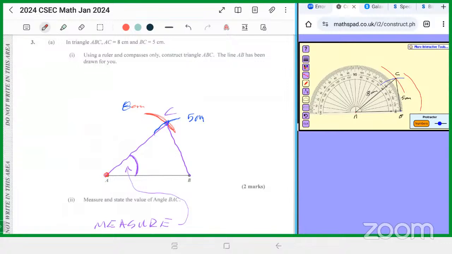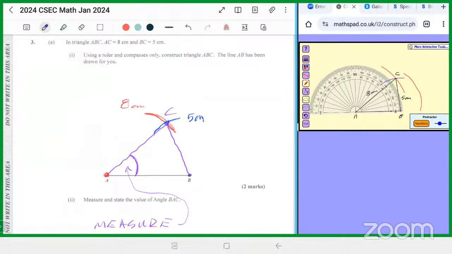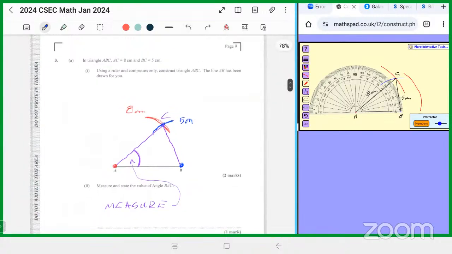That arc is from here, 8 centimeters. Also change this number to red. I'm going to leave this one as blue. And then put a blue dot here to show that this arc would have been 5 centimeters from here. All right, let's leave that. But that is it. And then we'll measure to get that angle.